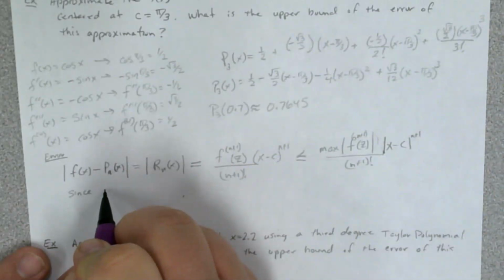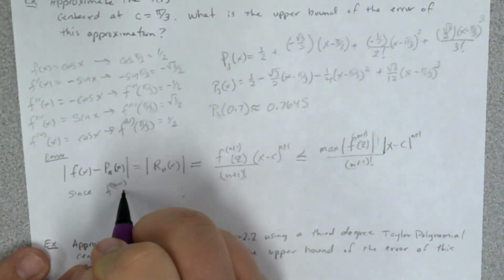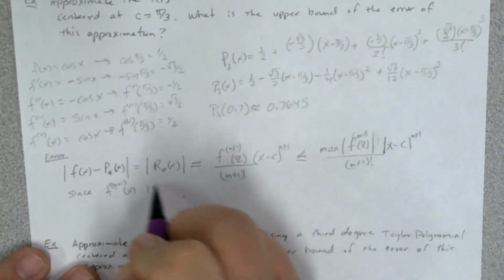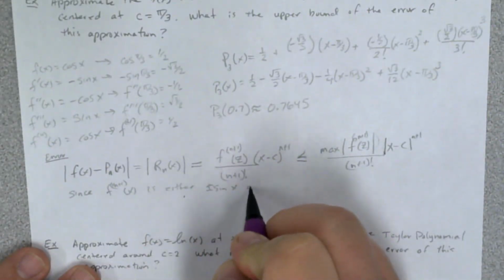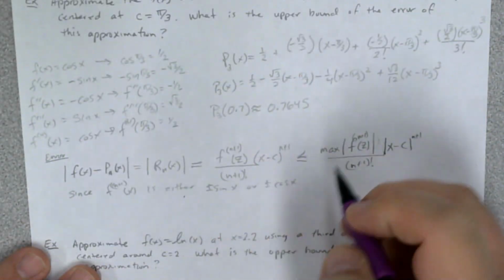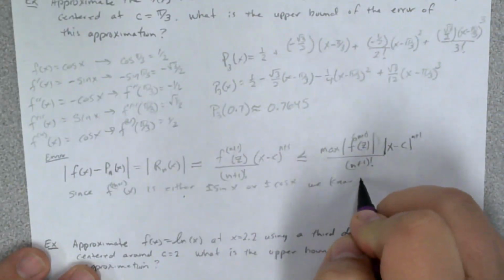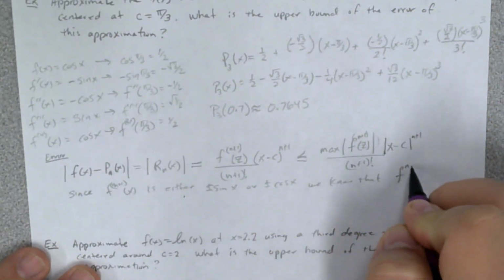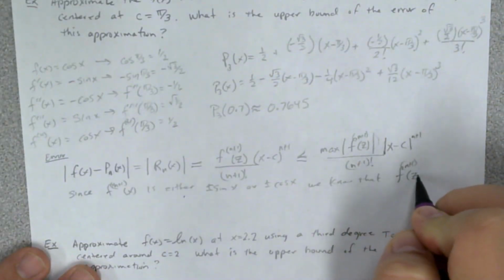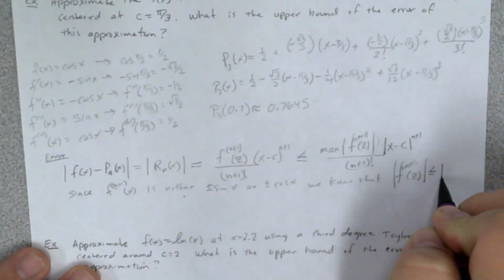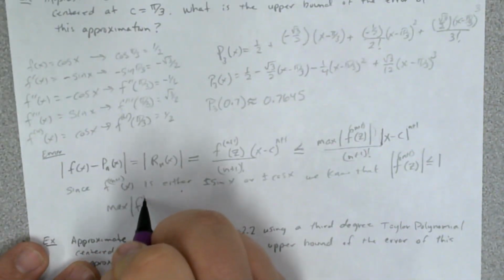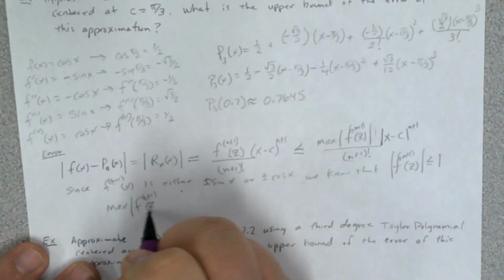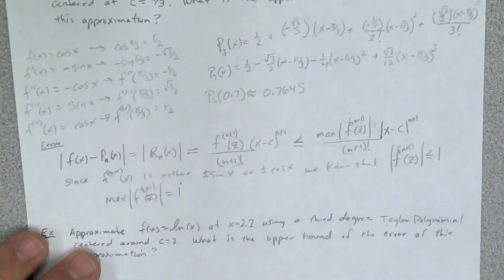So since the nth derivative of x is either plus or minus the sine or plus or minus the cosine, we know that this derivative of some z is always going to be less than or equal to 1. Which means our max of that is going to equal 1, the biggest one it can possibly be.